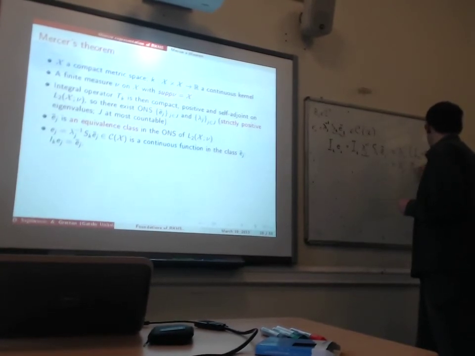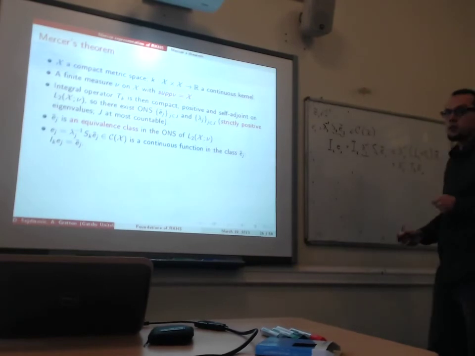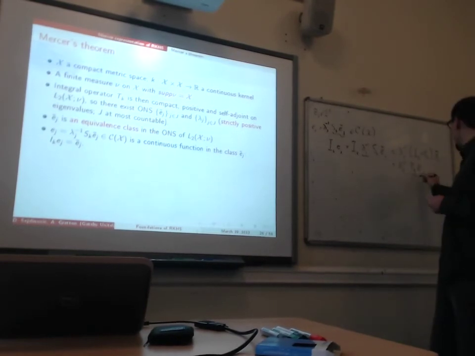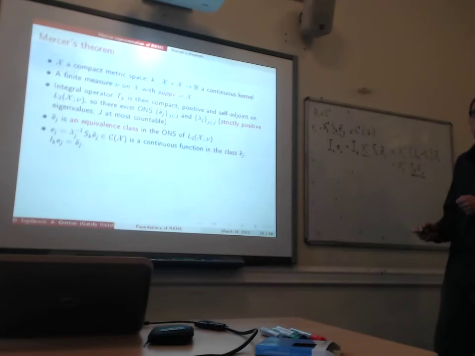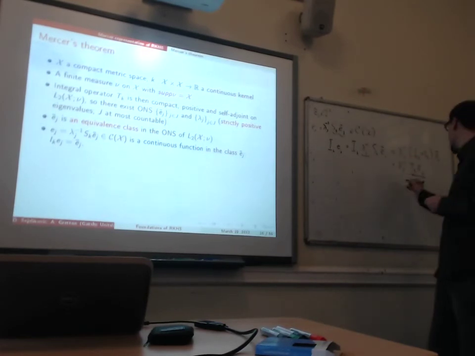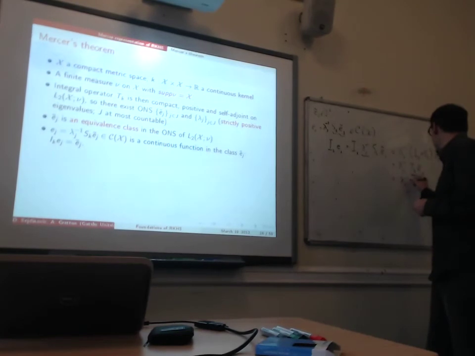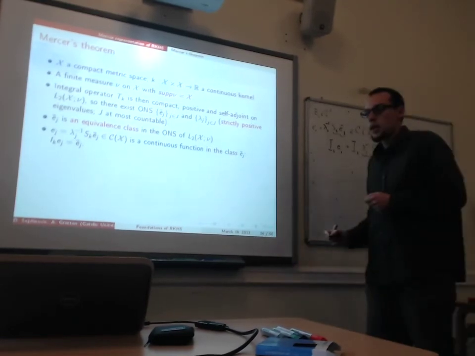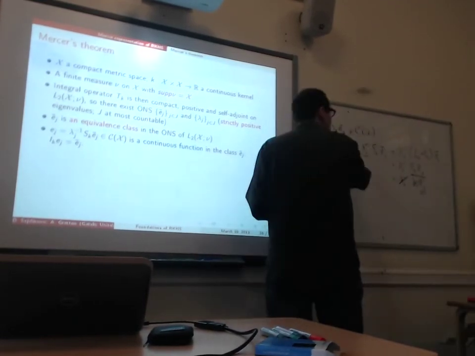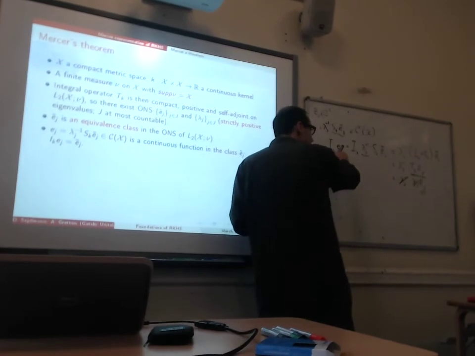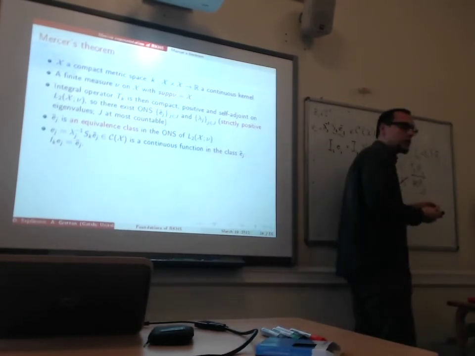This is T_k applied to Ẽj. And when I apply T_k to Ẽj, I know that Ẽj is an eigenfunction of T_k, right? Because that's how I've obtained these scalars. So this is exactly lambda j to the minus 1, lambda j, Ẽj. So it's just Ẽj. So the class of the continuous function Ej is exactly Ẽj.